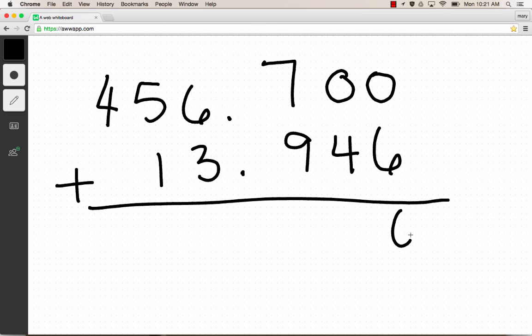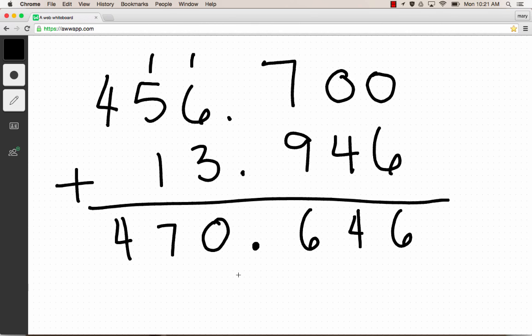So I have 6, 4, 7 and 9 is 16, 1 plus 6 is 7, plus 3, 10, 1 and 5 is 6, plus 1 is 7, and 4. So here I am, right here, importantly, bringing the decimals straight down. So 470 and 646 thousandths. See if that's what you got on that one.